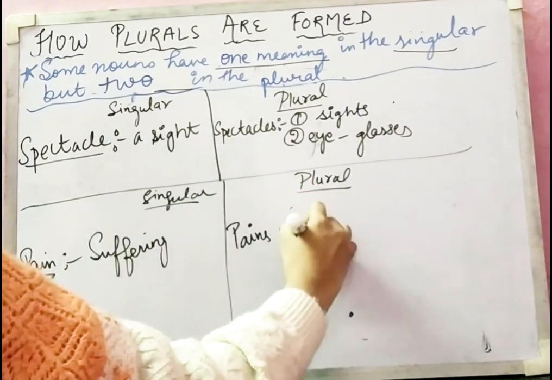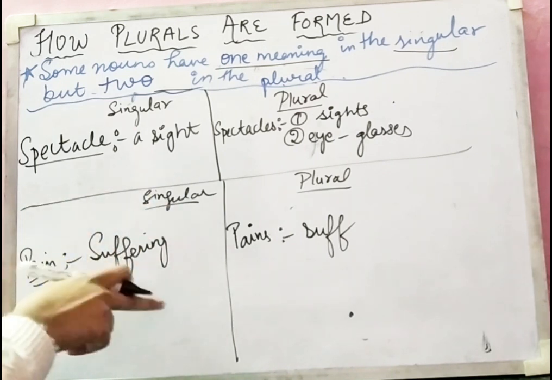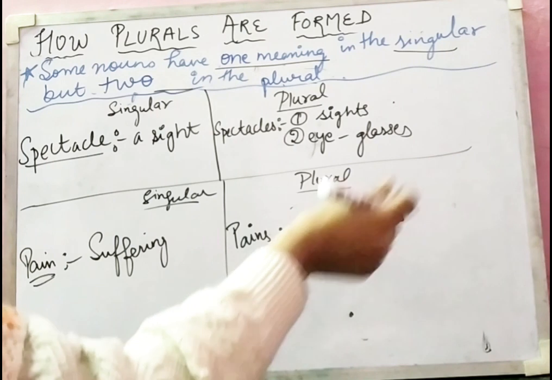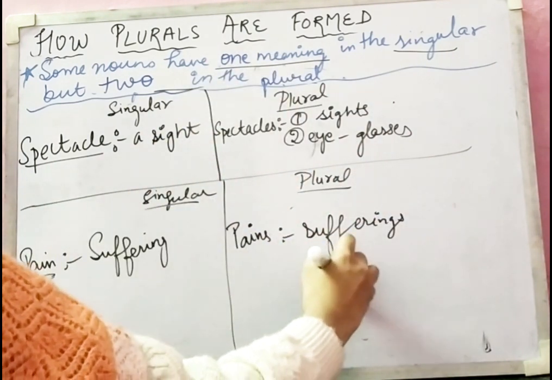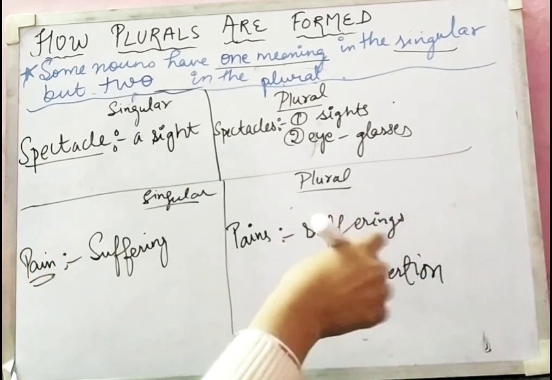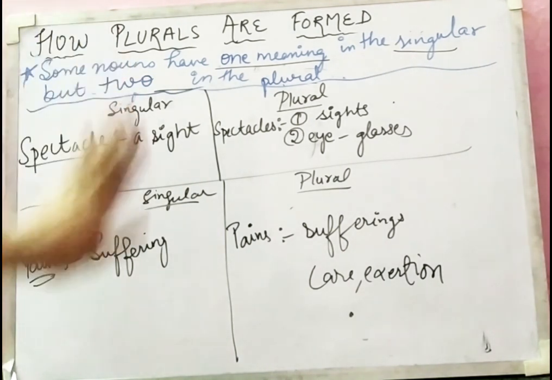Pains means sufferings, means the word that we will be writing here, that is suffering, we just have to add one s there to make it plural. And the second meaning, you have to know, is care, or you can say exertion. So this is the example of this. I think this much is clear, as I have told you the previous one very perfectly. So I think this is also clear to you.